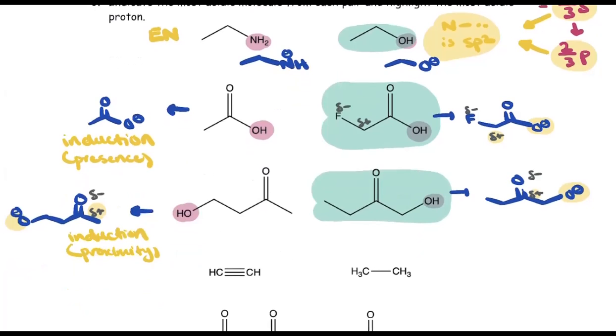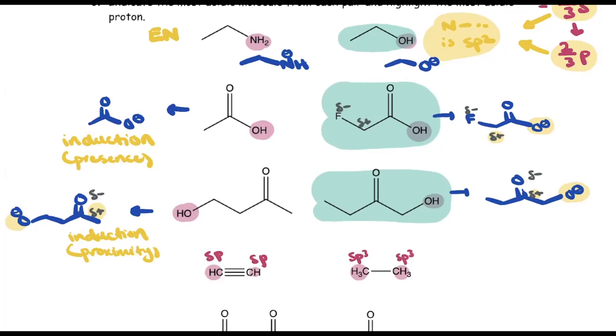All right, next one. We see that we have acetylene and we have ethane here. For acetylene, of course, the carbons are going to be sp hybridized. And then these CH3s are going to be sp3 hybridized.